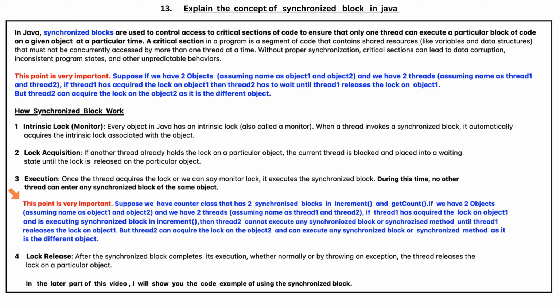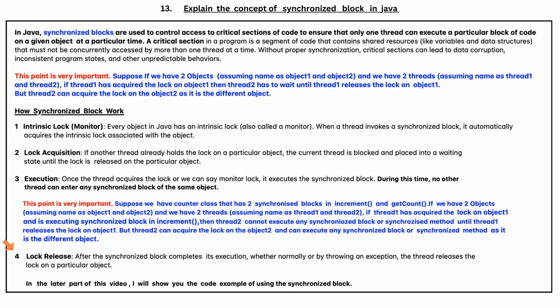If we have two objects, object 1 and object 2, and two threads, thread 1 and thread 2, and thread 1 has acquired the lock on object 1 and is executing the synchronized block in the increment method, then thread 2 cannot execute any synchronized block or synchronized method until thread 1 releases the lock on object 1. But thread 2 can acquire the lock on object 2 and can execute any synchronized block or method as it is a different object.